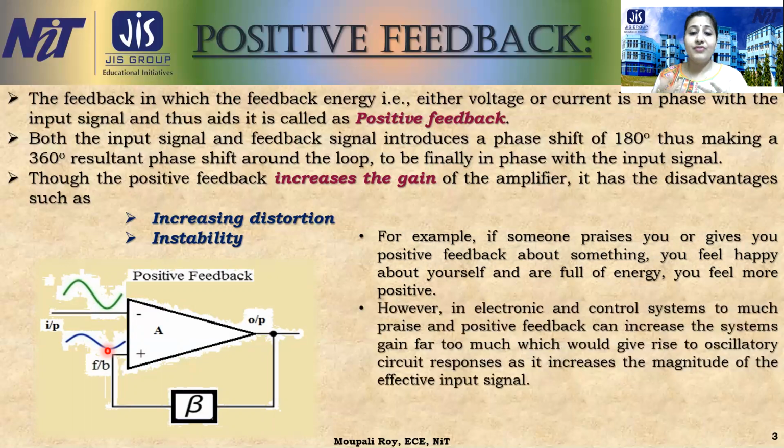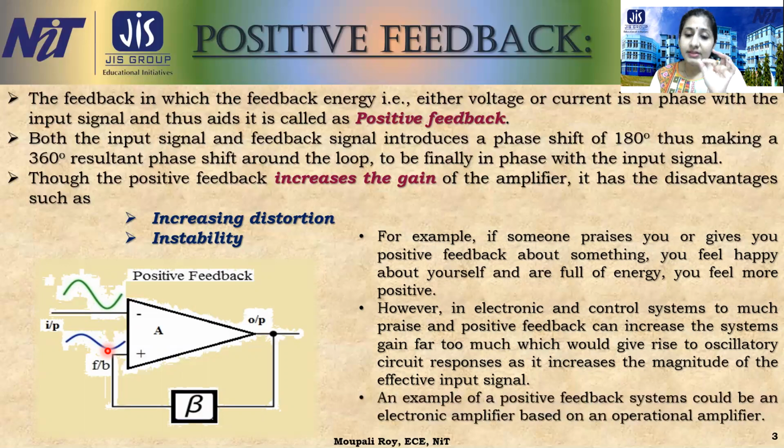However, in electronics and control systems, too much positive feedback can increase the system gain too much, which gives rise to oscillatory circuit responses, as it increases the magnitude of the effective input signal.